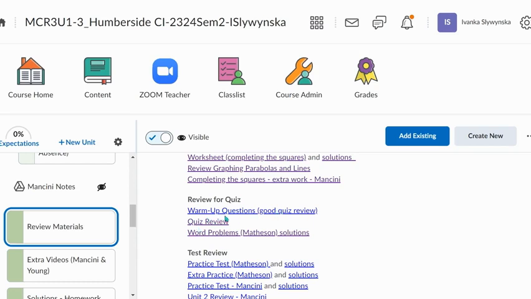We have a quiz review that I quickly came up with. This is something that you should be able to do. And word problems by Mr. Matheson. These are the solutions from yesterday's homework. So if you struggled with yesterday's homework with the word problems, then just go into this document and there are really well worked out solutions for you there. Okay, excellent.